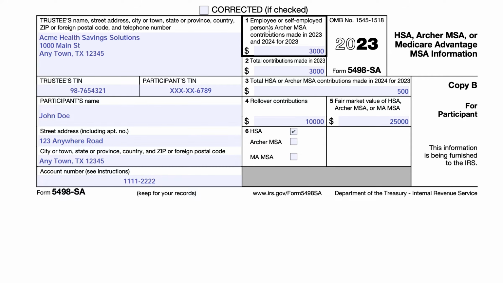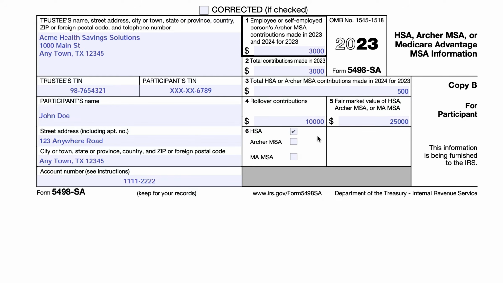Box 1 is going to contain either yourself as an employee or yourself as a self-employed individual, your Archer MSA contributions made in the tax year. For the 2023 tax year, they would be either made in 2023 or in 2024 up to the tax filing deadline.